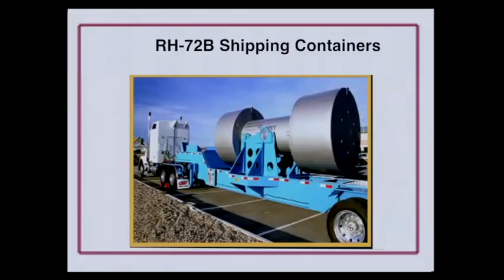The whole thing becomes a container. You can see it's not just any ordinary flatbed. It's specifically designed to cradle this and hold it in place. It's shored. You can see there's no room for it to move. That is to ensure protection of the contents, even in case of a collision with a train.